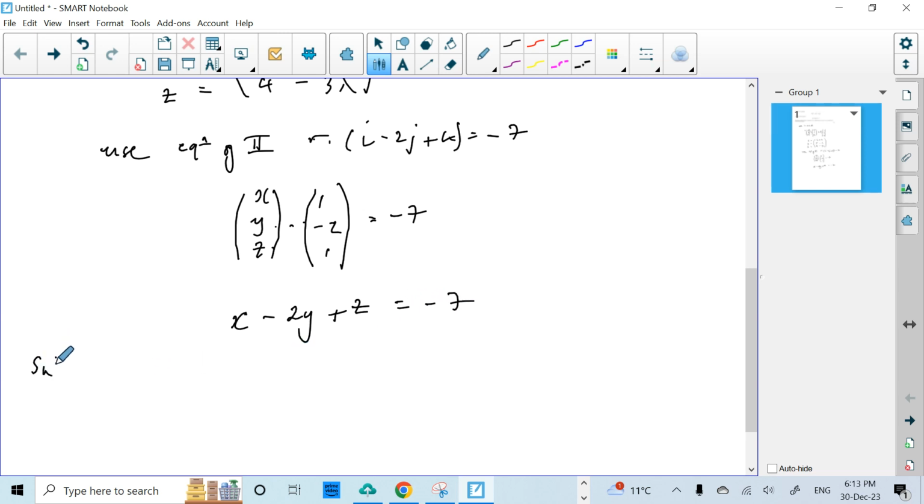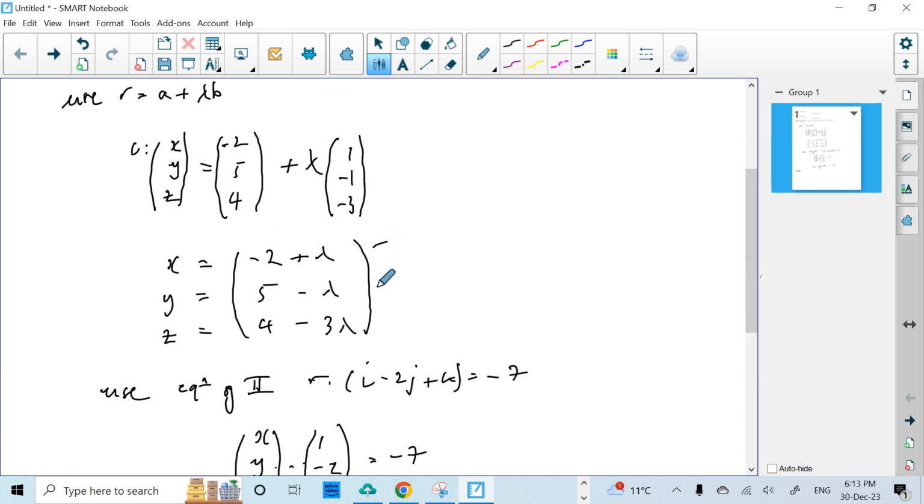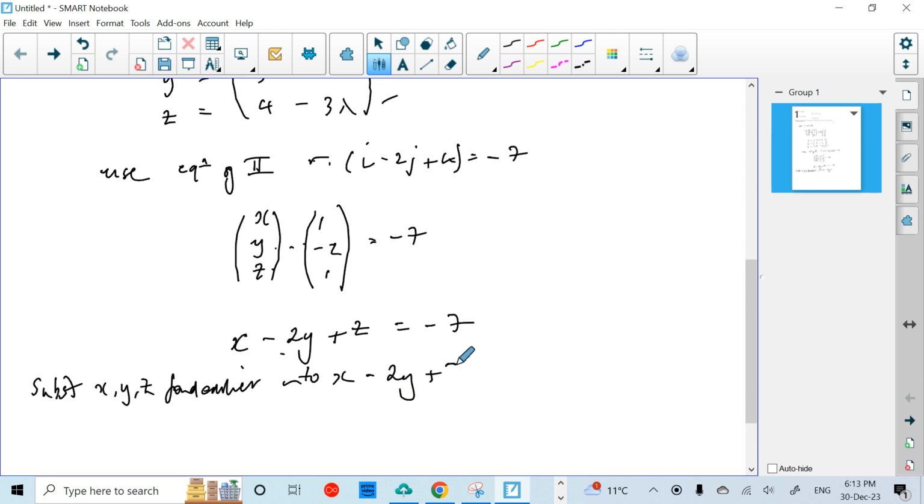Now, I'm going to substitute the values found earlier, the values of x, y, and z, into x minus 2y plus z is equal to minus 7.